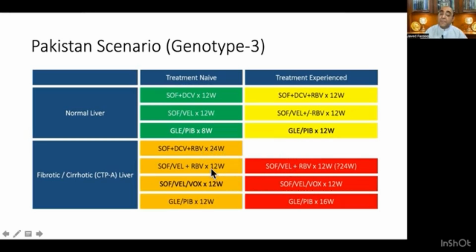Then difficult but less than this is the fibrotic or cirrhotic liver with treatment naive, and you see here that ribavirin is required and duration is increased. And this is the bit difficult but less difficult than this group, the normal liver and treatment experienced.